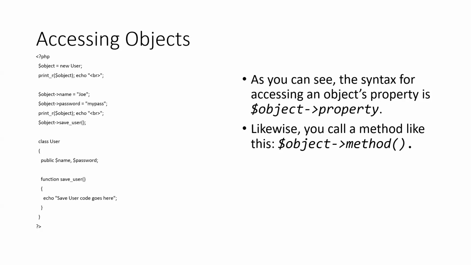So name is a property, which means we have to say object, arrow, name. And the second one is the password. Third, if you have a particular function, then you can use the object method form. Right, now let's look at the example.